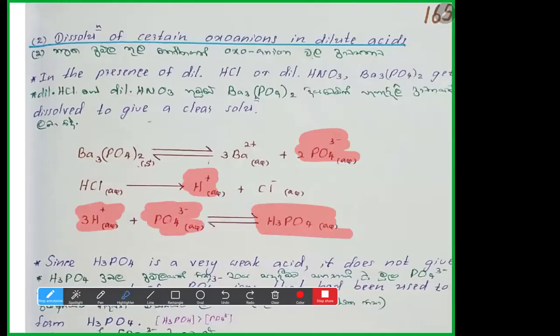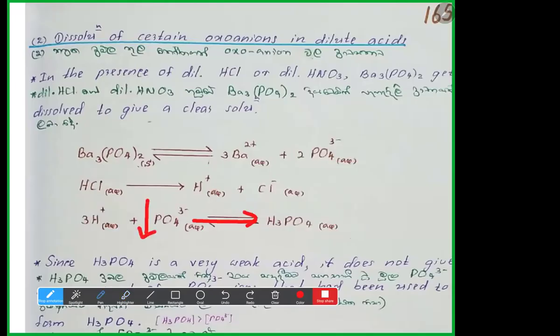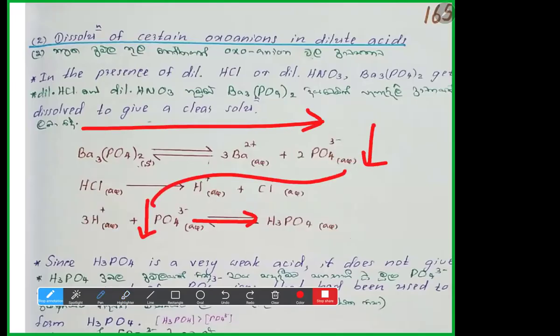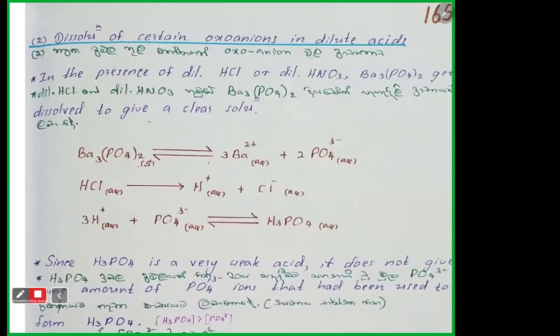That's a weak acid, so dissociation is moving towards this direction. It decreases phosphates. To increase that, the reaction goes forward, to the right, at the same time barium phosphate concentration is decreasing, so solubility is increasing. Clear that? So addition of an acid increases solubility here.